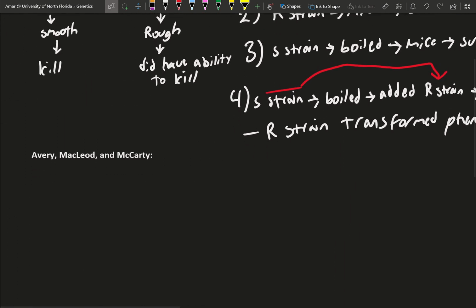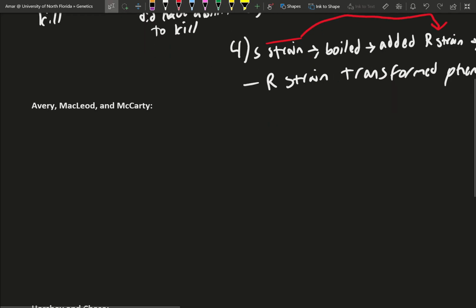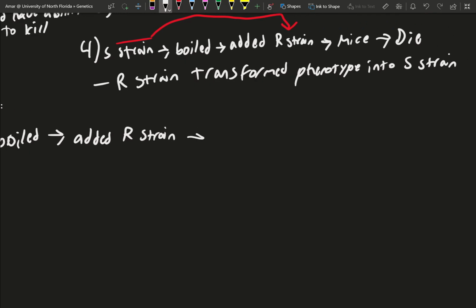So these guys did the exact same experiment, where they took the S strain, boiled them, and added the R strain to the same mixture. And then they added a new thing to confirm whether proteins or DNA or RNA or lipids were a factor in transforming our cells.